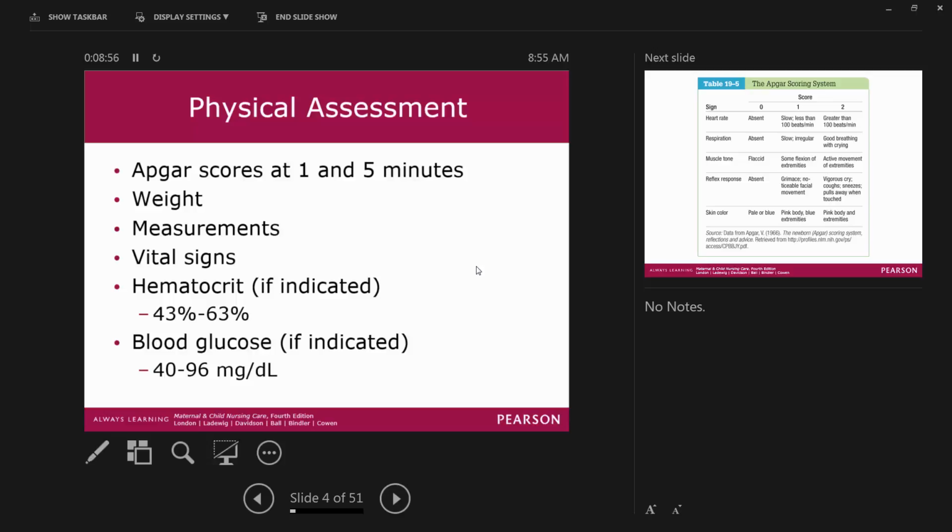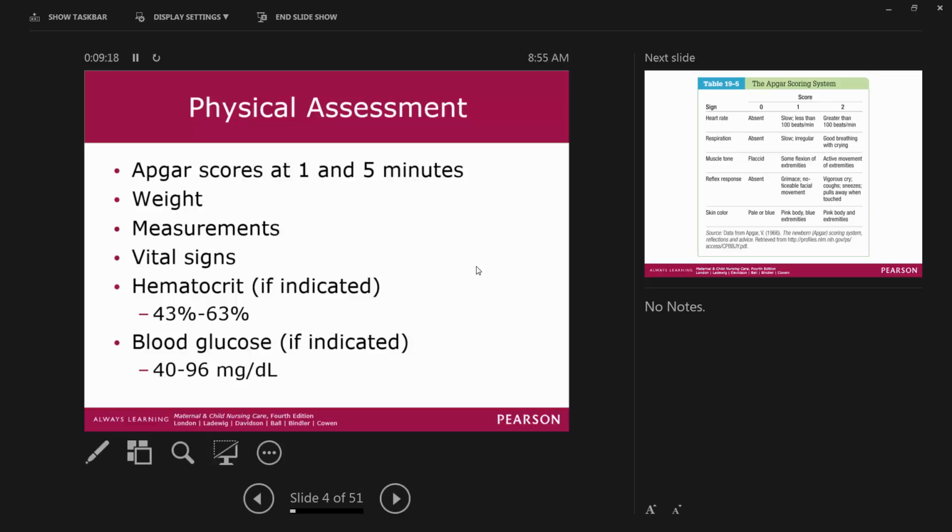Anyways, so we do that, and then we do our APGAR scores. Now, our APGAR scores have nothing to do with whether or not we need to resuscitate a baby. They're just an assessment, a screening of how well baby's doing at that point in time. If baby is on mom, we can do this on mom.